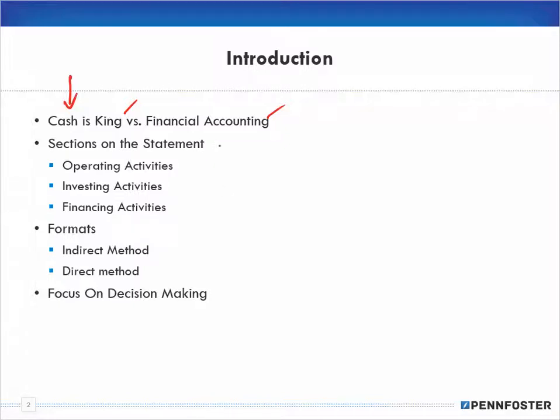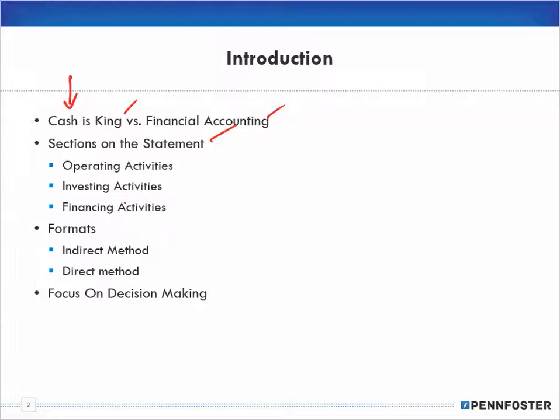In this video, I'm going to be talking about the statement of cash flows themselves, and there are three sections: the operating section, the investing section, and the financing activity section. In each section, we'll be going over the common adjustments.